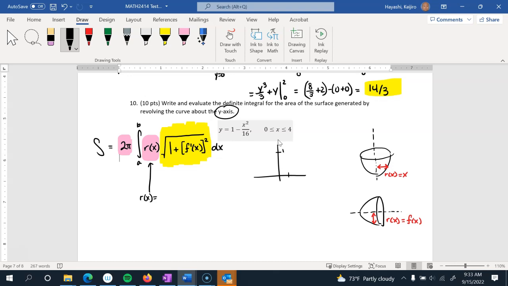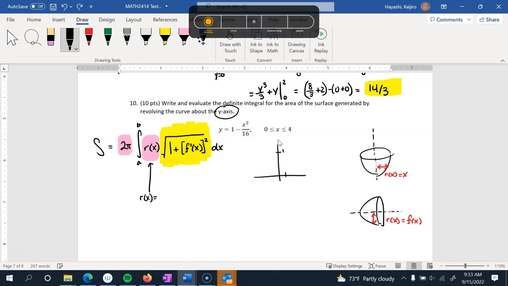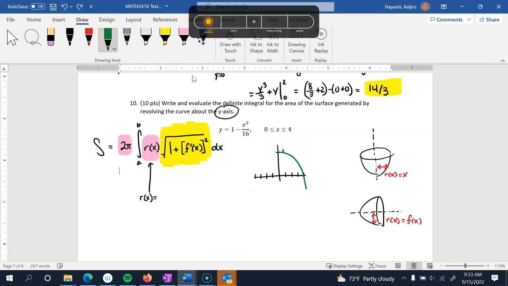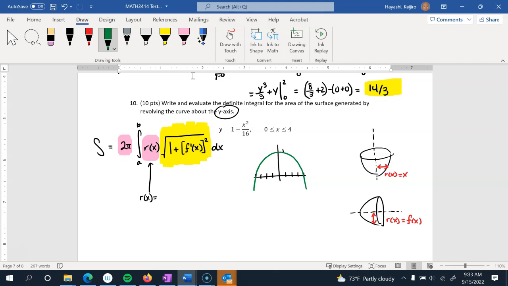And it's a downward facing parabola with roots at 4 and negative 4.